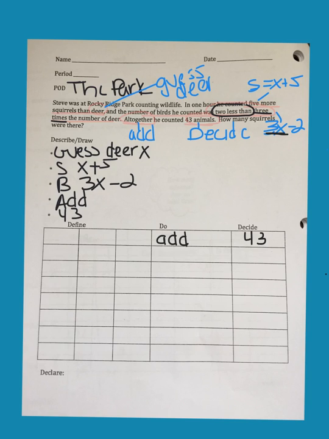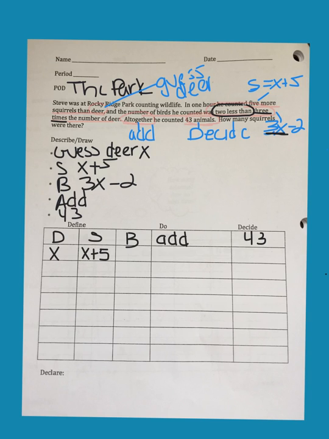And then my define section, we talked about 3 animals, so there should be 3 columns in my define section, 1 for the deer, 1 for the squirrels, and 1 for the birds. And now underneath that, I'm going to put x for my deer. I'm going to put x plus 5 for my squirrels.